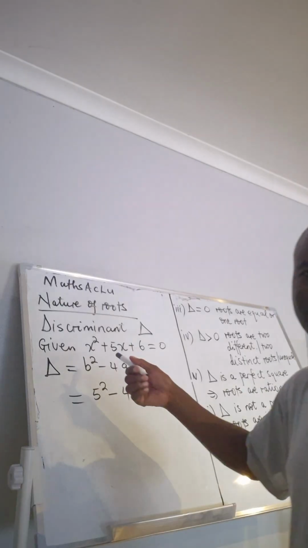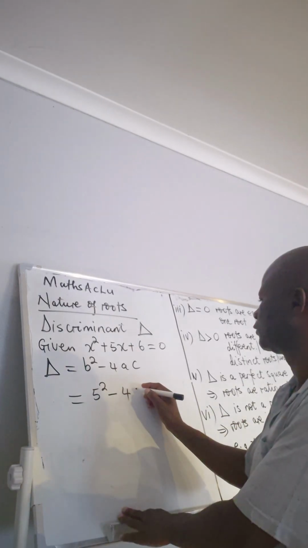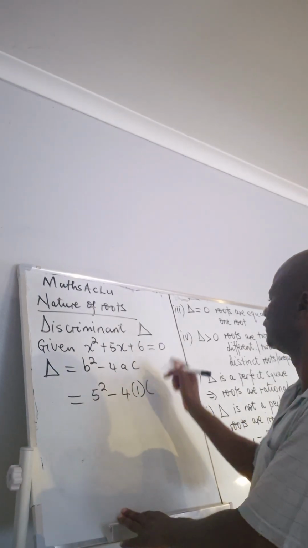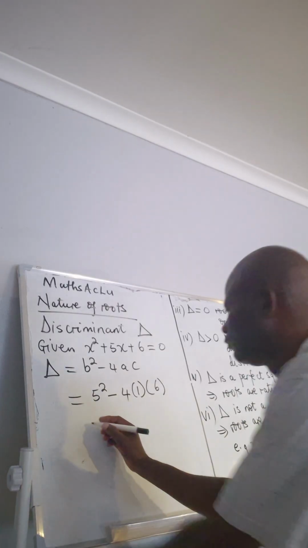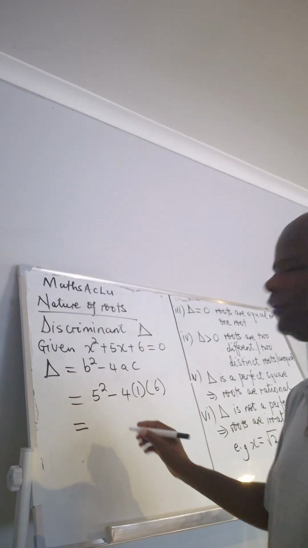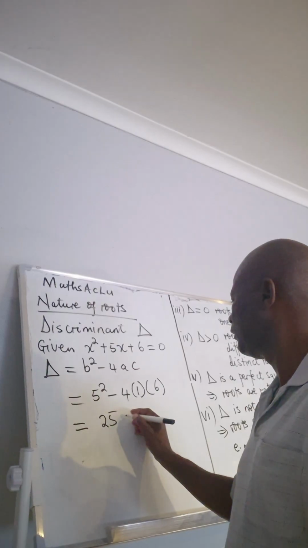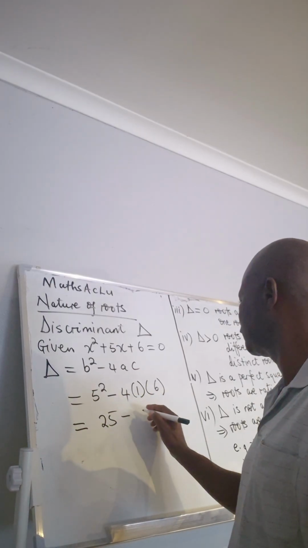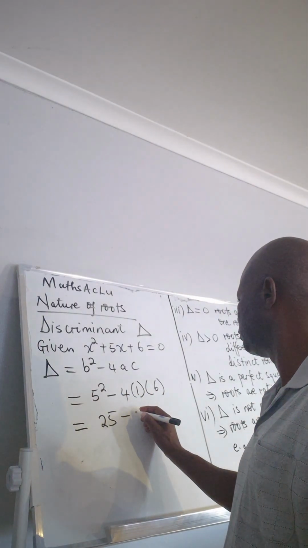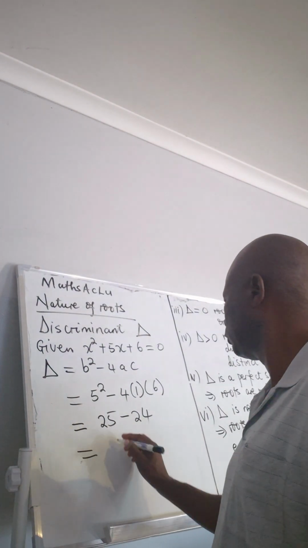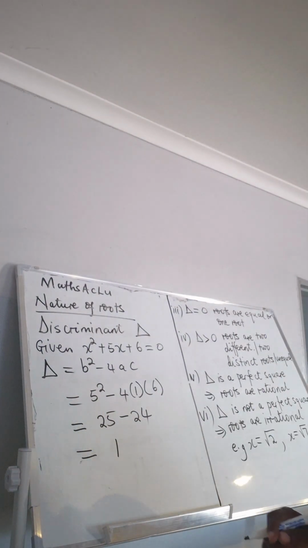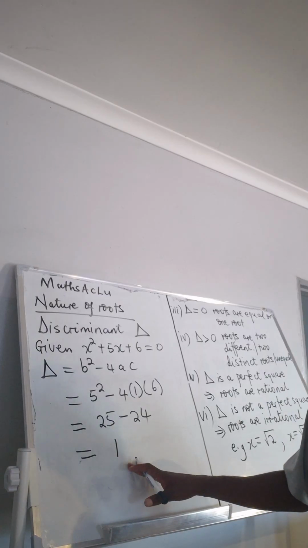Your a here is 1, and c is 6. Equal to 25 minus 4 times 1 times 6, that's 24, equal to 1. So your discriminant is 1.